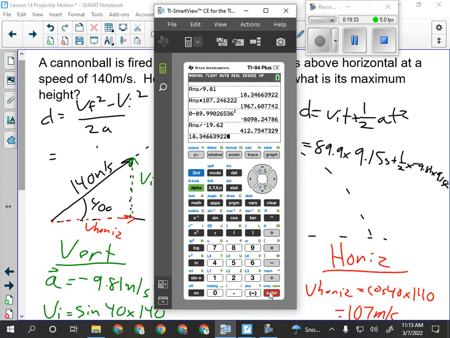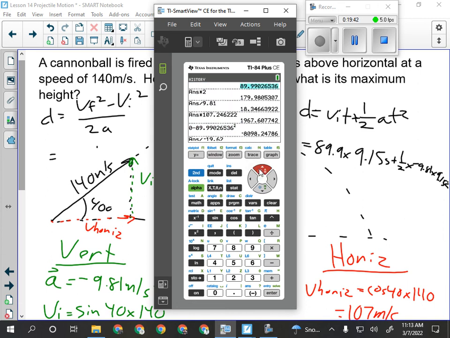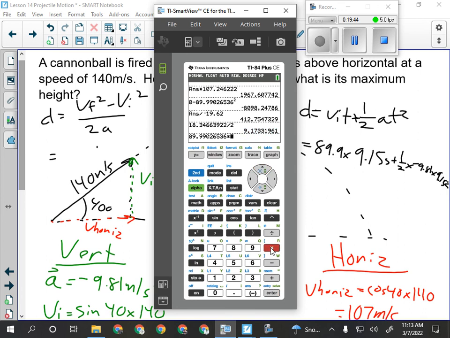All right, so now I've got my half the time. I'm going to take my 89.9 times that, plus 0.5 times negative 9.81 times that number again, but squared. And I get exactly the same number, which I should. We're talking about the same motion and I'm using the same numbers.